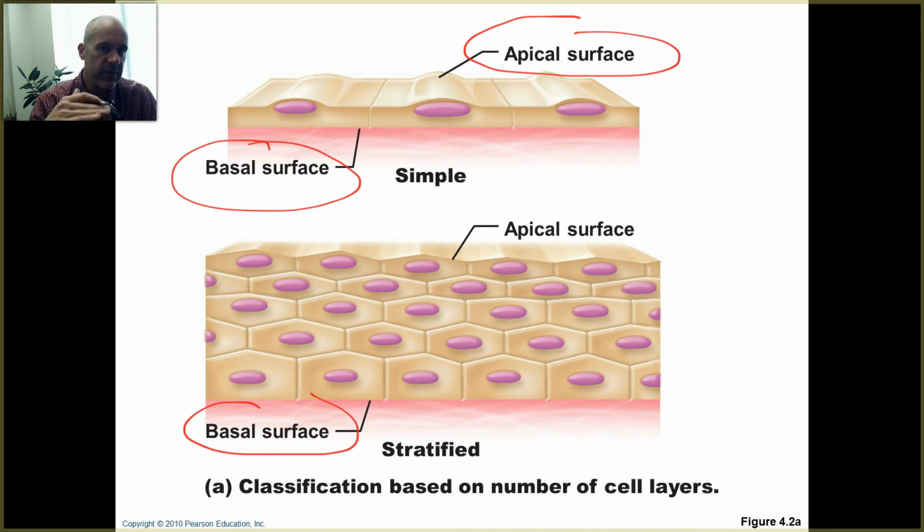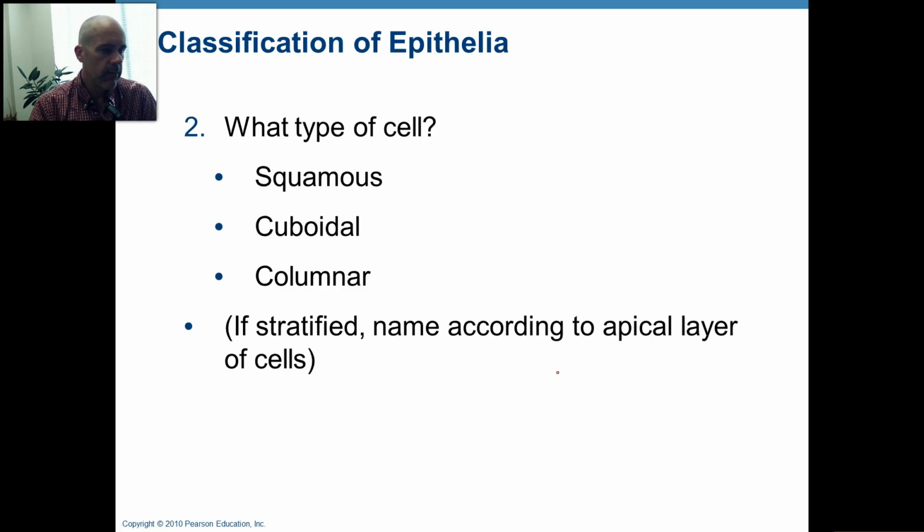Again, your basal surfaces are going to be oriented towards a deeper part of the wall of an organ or underlying tissues of some type. All right, that's one thing you use to name or classify an epithelial tissue.